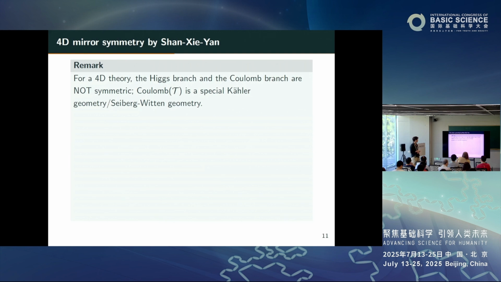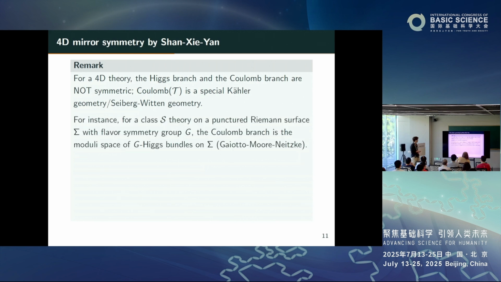The Coulomb branch is a special Kähler geometry, or Seiberg-Witten geometry. For example, for the class S theory, which I'll talk about later, on a Riemann surface, the Coulomb branch is known to be the moduli space of Higgs bundles on the Riemann surface, which was proved by Gaiotto and Neitzke. So it looks like the Coulomb branch is richer than the Higgs branch.